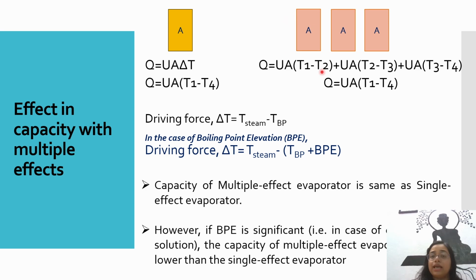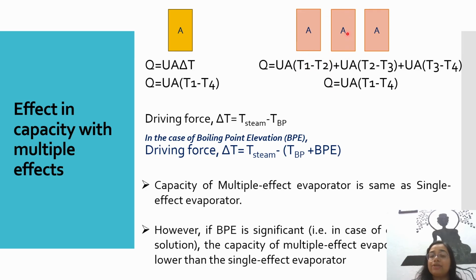In the first effect, the temperature difference is T1 minus T2. So we can write the heat transfer as the overall heat transfer coefficient into the area of that effect into the driving force of that effect, that means T1 minus T2.